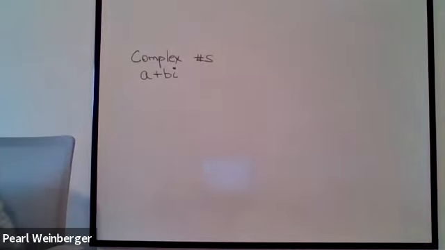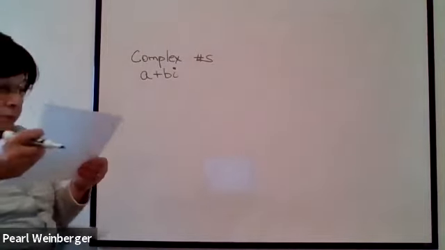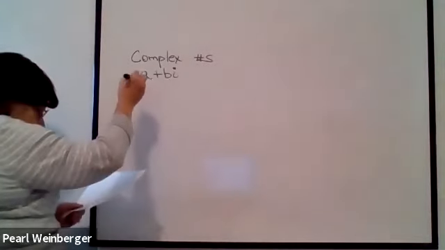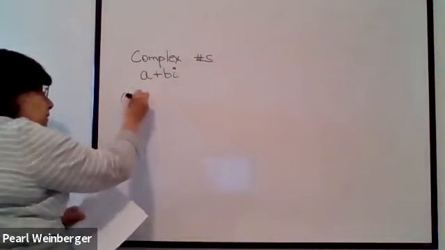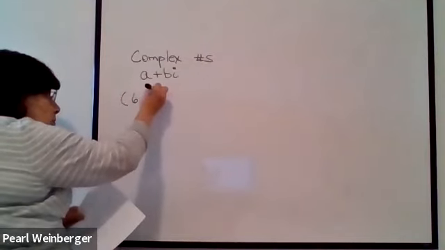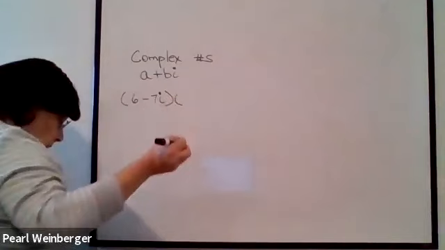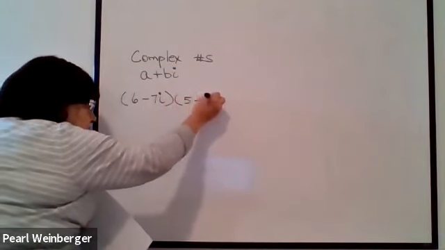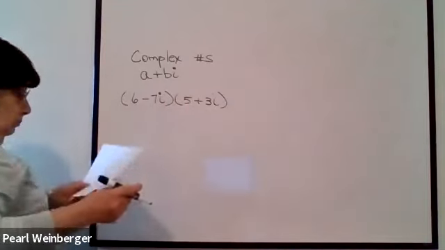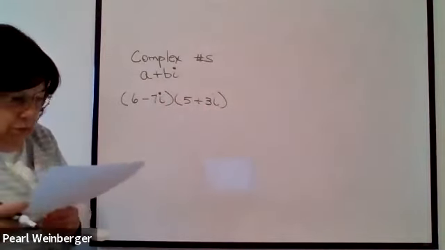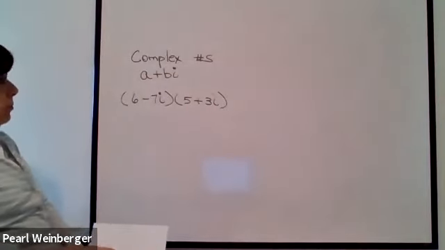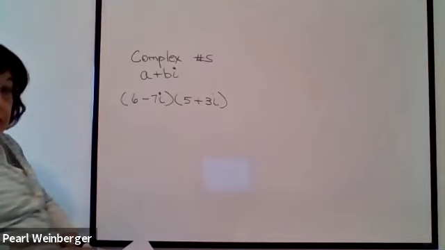Suppose I want to multiply 6 minus 7i times 5 plus 3i. Okay. Guess what I'm going to do?